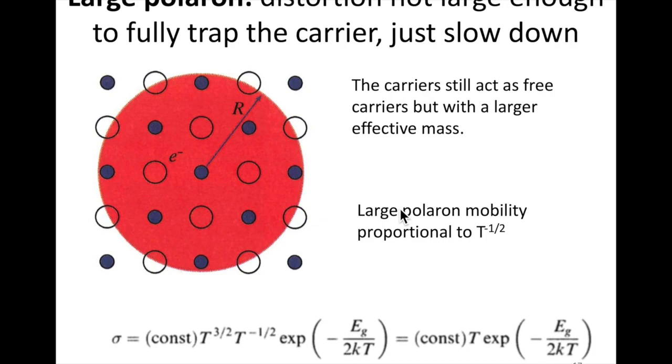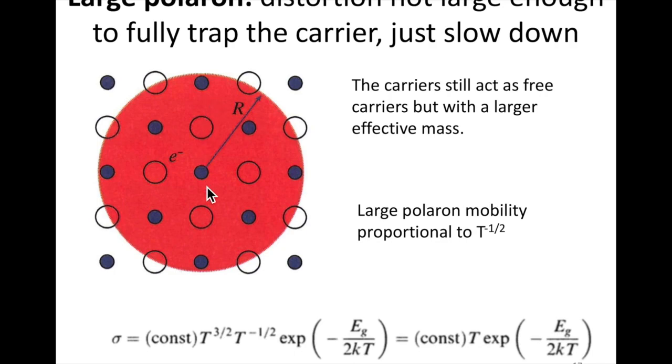All right. So with small polarons, we saw that the area that's affected is rather small. So it's trapping an electron in a very small place, very locally. The other case is a large polaron. And so here, the area that is affected in the lattice is much larger. You can see by this sketch, the red area that's affected is much larger.